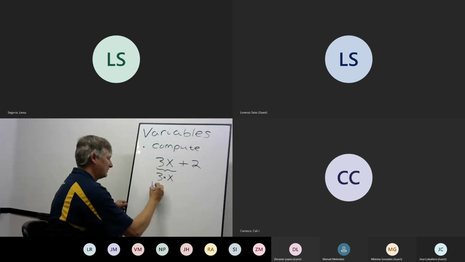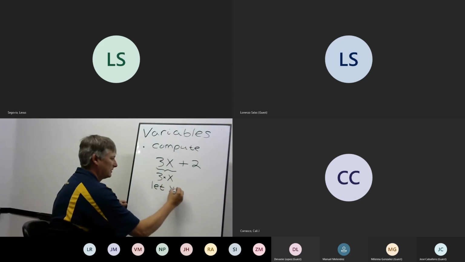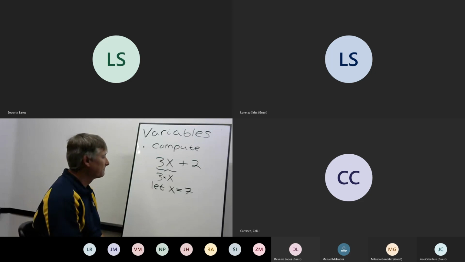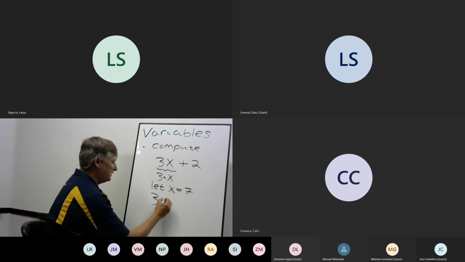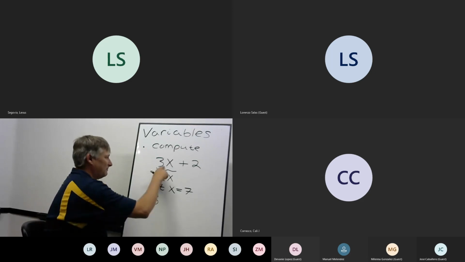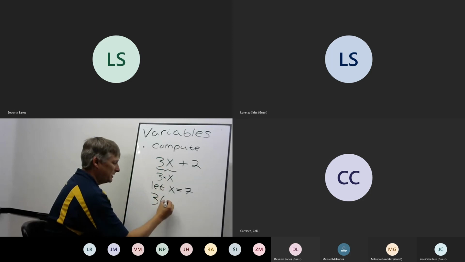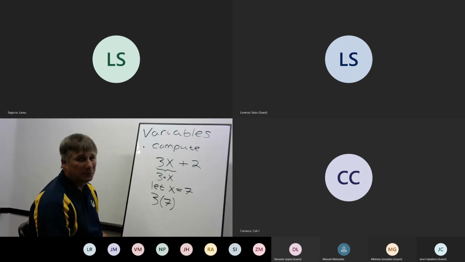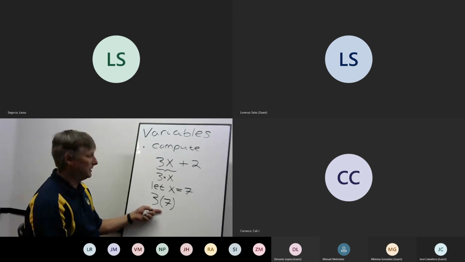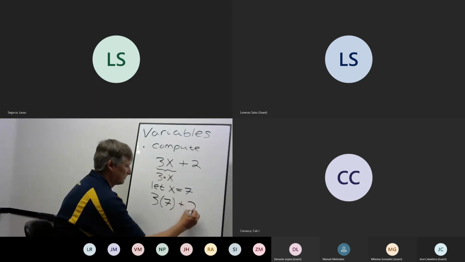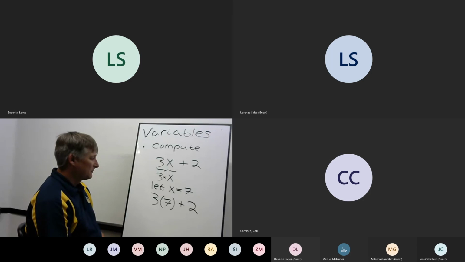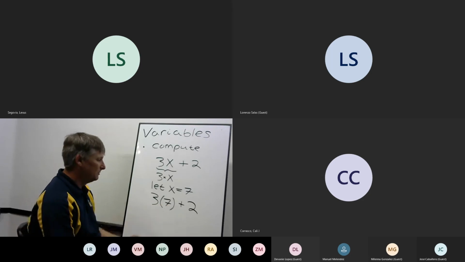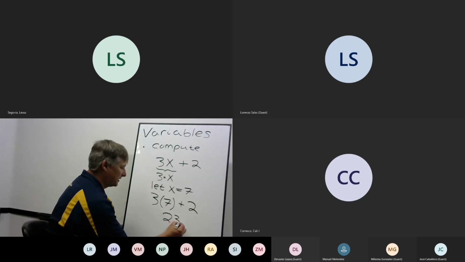So then we'll say let X equal 7. We're doing that same computation we did before. So we get 3. And then what we typically do when we replace a variable with a number, we put it in parentheses. Again, that symbol for multiplication. So 3 times 7 plus 2, and we find it's 23.